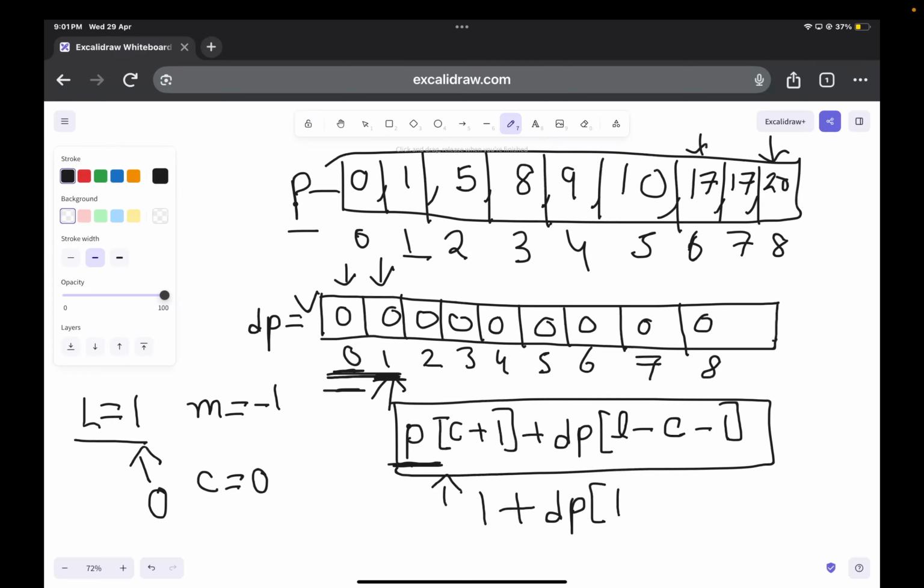Length is 1, cut is 0, minus 1. So ultimately 1 minus 1 is 0, so ultimately dp of 0. What is dp of 0? dp of 0 is 0. So 0 plus 1 is 1. So I'll change the value to 1.